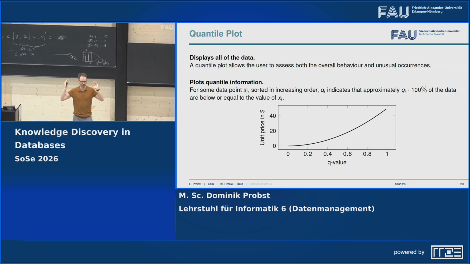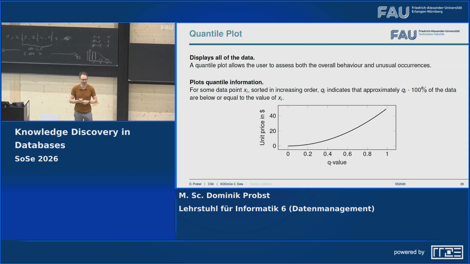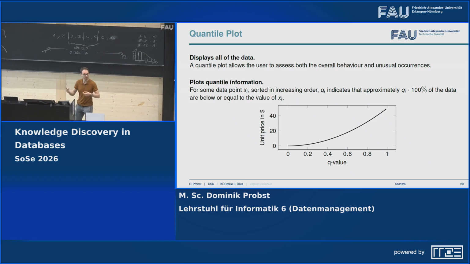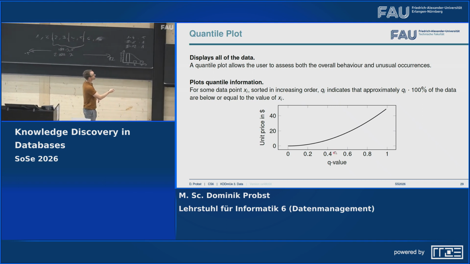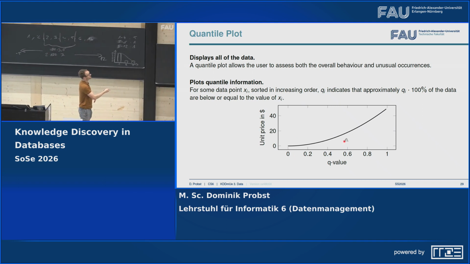Of course, it's hard to read out of a diagram exactly. Normally, you would have some interactive tool to see exactly where the quantile lies. But a quantile plot simply shows us how many or which percentage of values is below a certain unit price in this case.